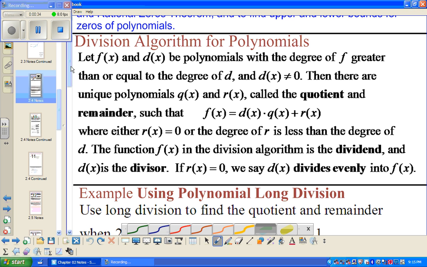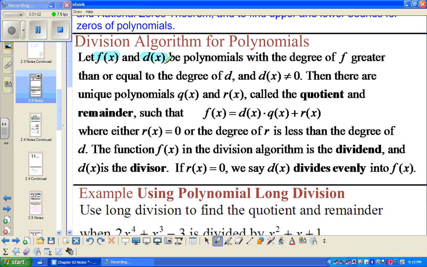So basically, what this says is if you have two polynomials, f of x and d of x, we're going to take f of x and divide it by d of x. These are two polynomials. In order to do that, they have to be of equal degree, or d of x needs to be a smaller degree than f of x.